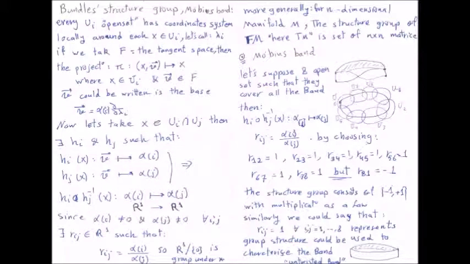More generally, for an n-dimensional manifold, the structure group of the bundle, and here, since we use the fiber as a tangent space, we can call it Tm, is n multiplied by n matrices.